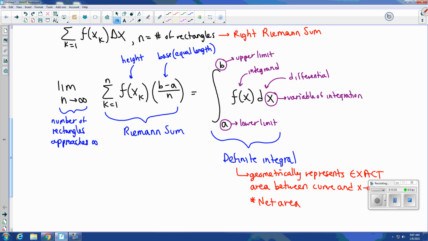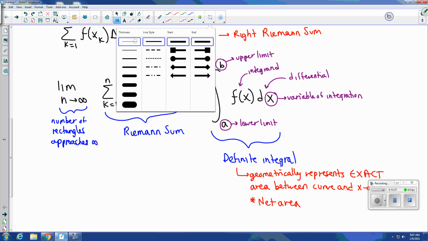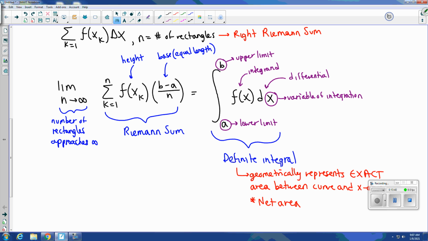And real quick to end it, you'll notice in the Riemann sum, we had our height times our base. You can think of this f of x as the height, and this dx, the difference between the x's, think of it like that, as the base. So height times base, you are summing this elongated s.